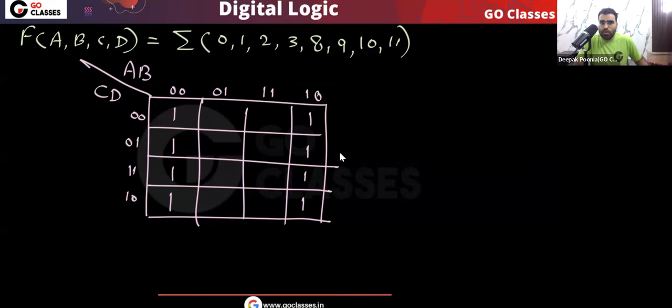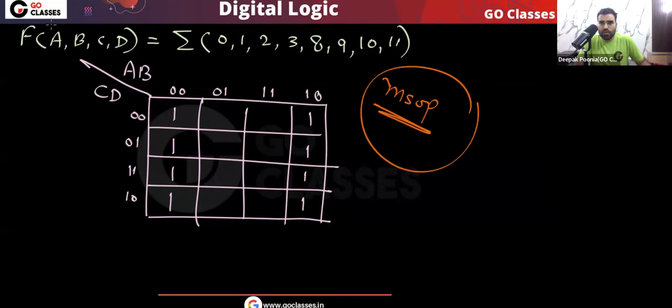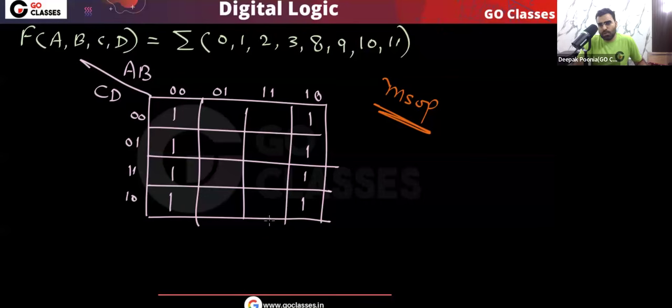To find minimal SOP expression, minimal sum of product expression, we will cover all the one cells with cubes which are as large as possible, and we will use minimum number of cubes. Okay, I told you that to find minimal SOP expression, we will make cubes which are as large as possible, covering only the one cells, do not cover any zero cell, and use minimum number of cubes.